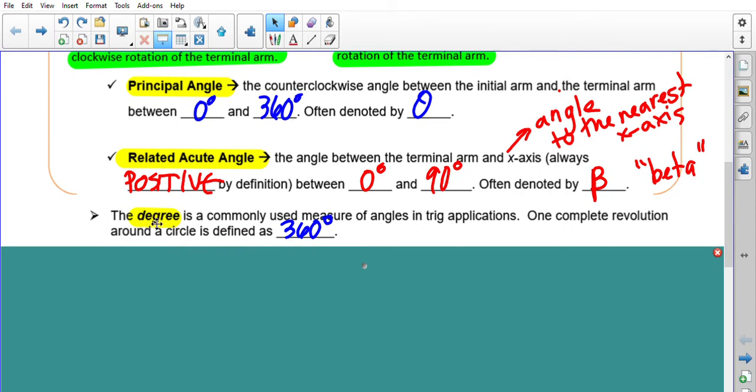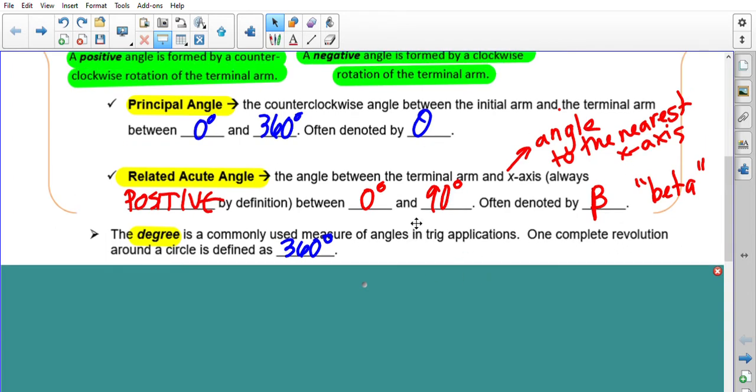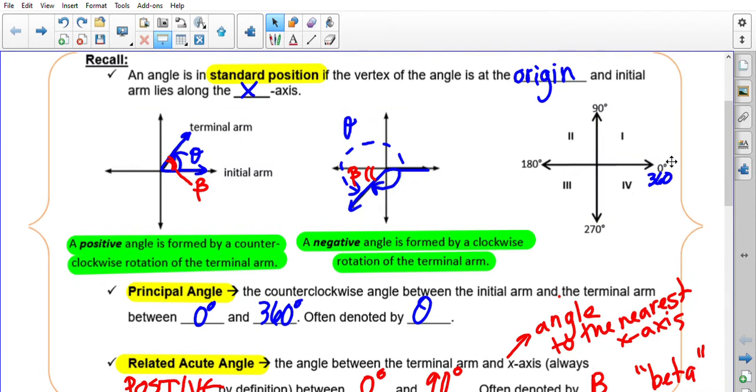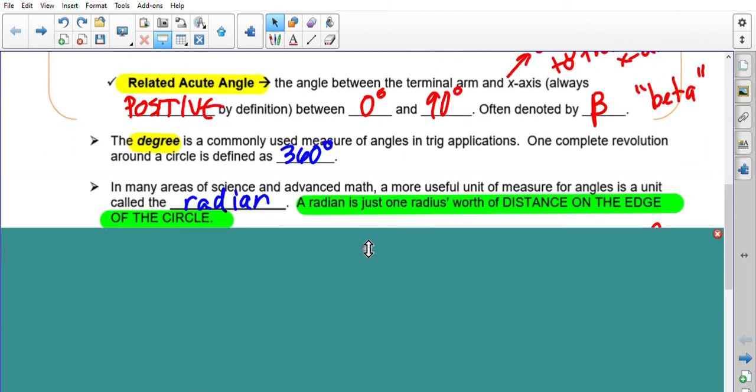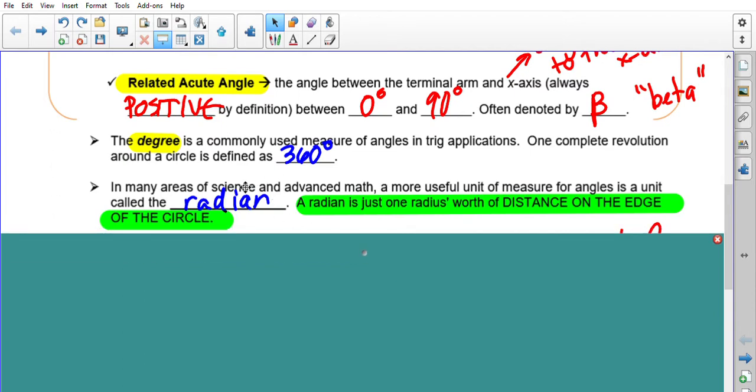So we're used to using the degree measure for trig applications. We know that one complete revolution around the circle is always 360. So we come up here, we know 0, 90, 180, 270, 360. But today, obviously, we're going to rename those using a different unit of measure. So you may see it in math and also in science.